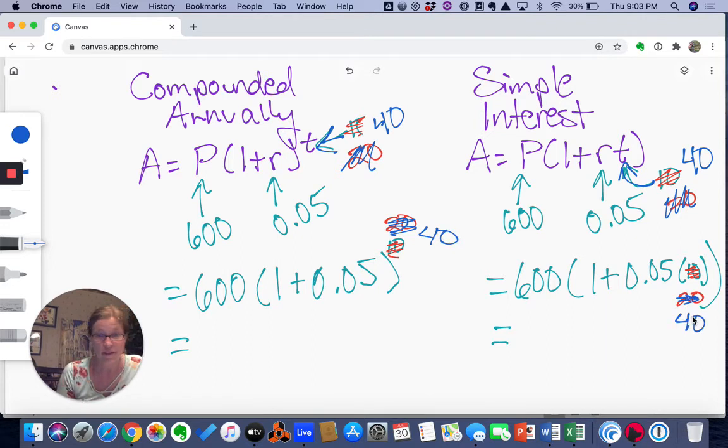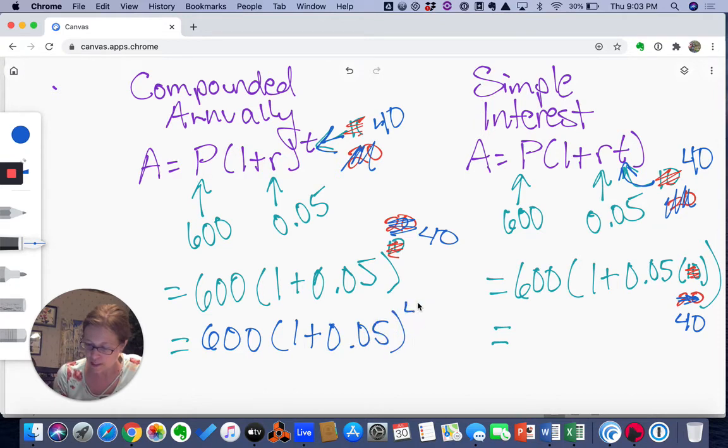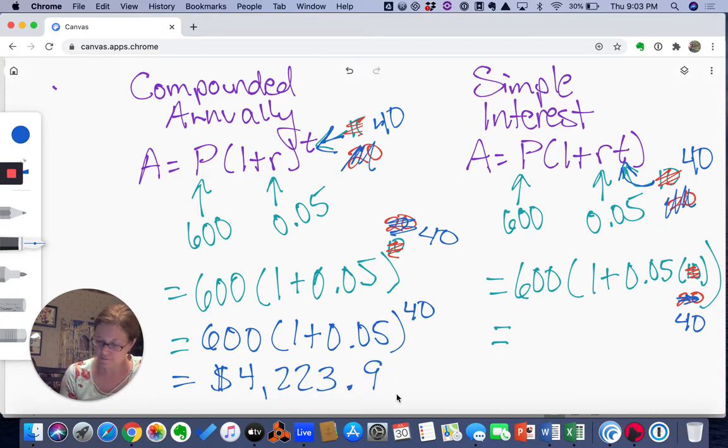Otherwise, everything's the same. 600 times 1 plus 0.05 to the 40 exponent. And then similarly for simple interest.